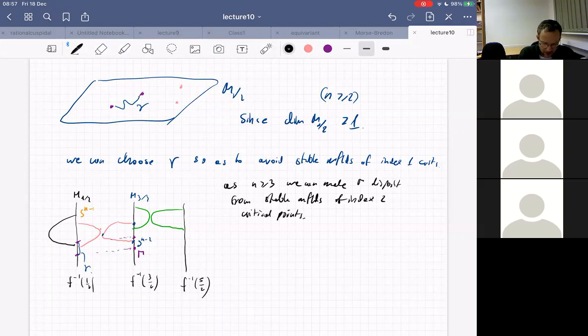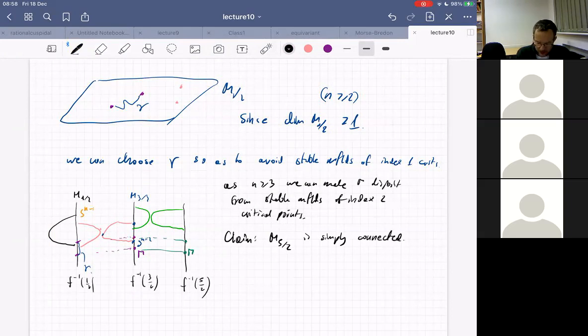So we can flow gamma to the level set M_{1/2}. I call it gamma again. Why do I flow it to this level set? The reason I want to work over this level set is that it is simply connected. Claim: M_{5/2} is simply connected.